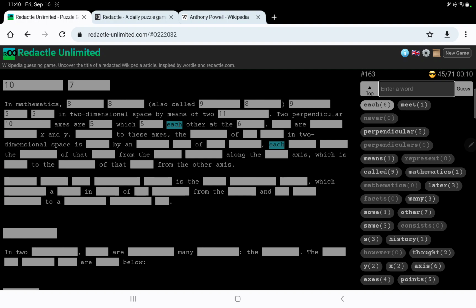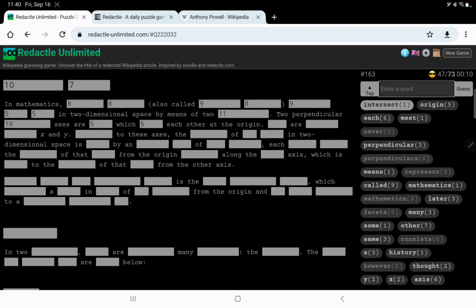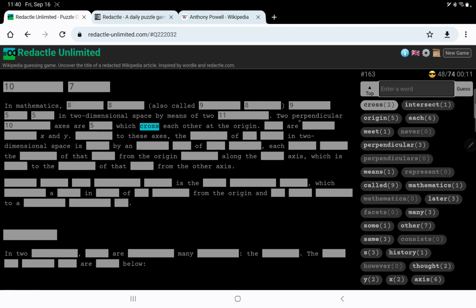I'm thinking of parallel lines never meet, but perpendicular, yes, which not intersect at the origin, which not intersect. Well, let's do intersect. One intersect, which cross each other, maybe. Yeah, at the origin.